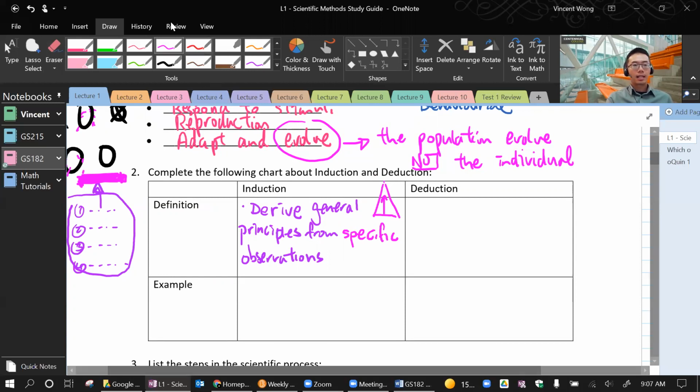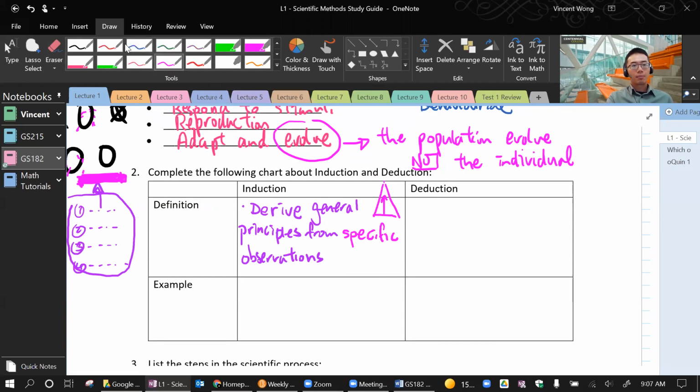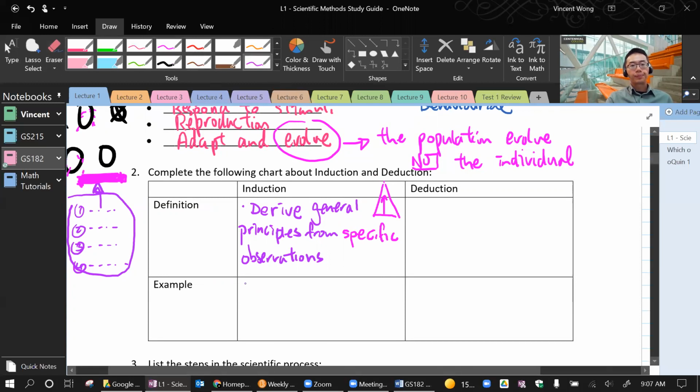Okay, so here is an example. Where's my purple color? Right here. So I can say an ant is made up of cells. I can say a flower is made up of cells.